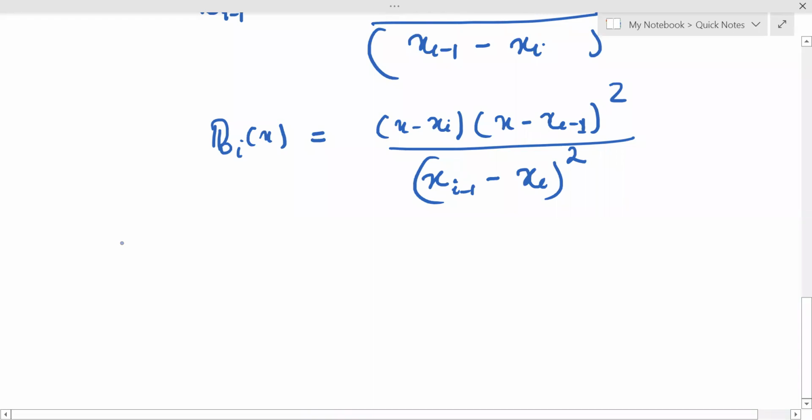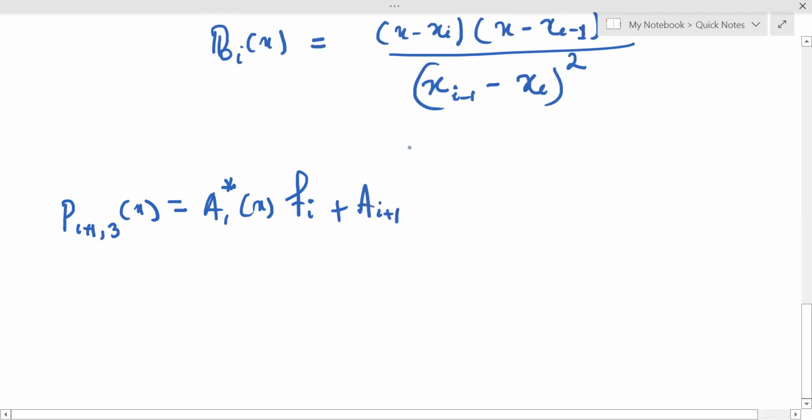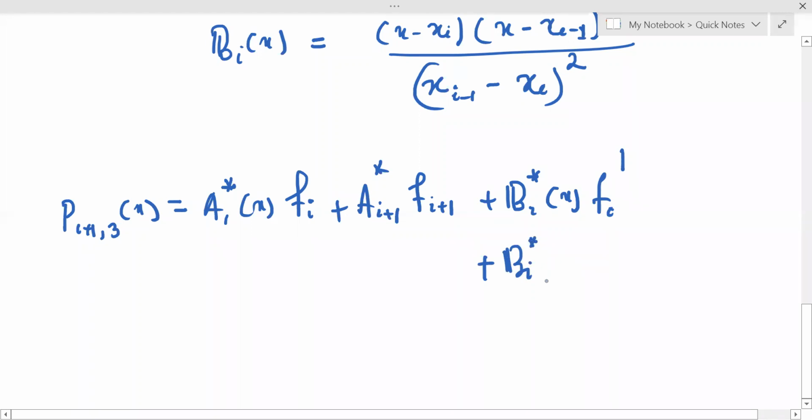Similarly p_{i+1},3(x) can also be defined as a_i star(x) f_i plus a_{i+1} star f_{i+1} plus b_i star(x) f_i dash plus b_{i+1} star f_{i+1} dash.